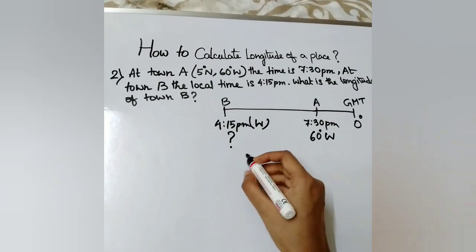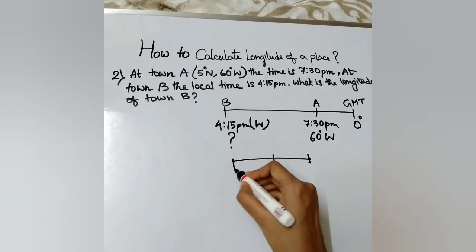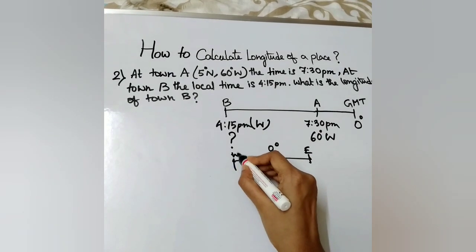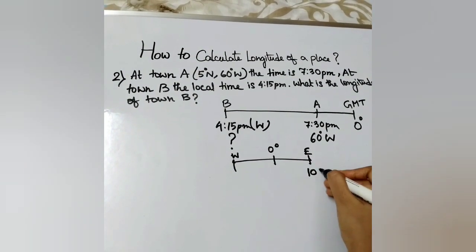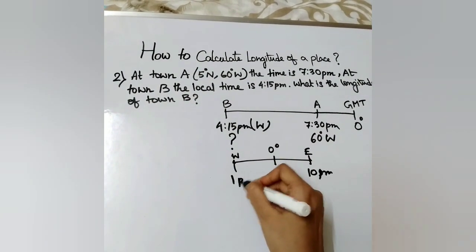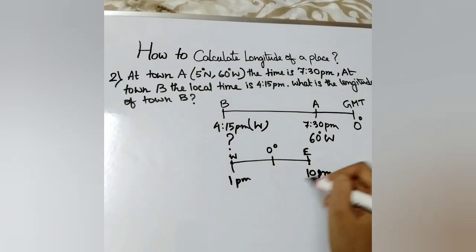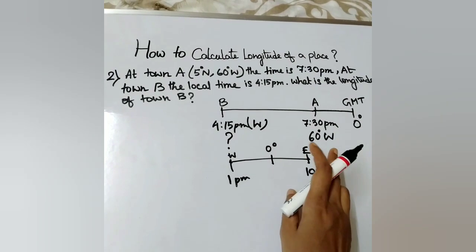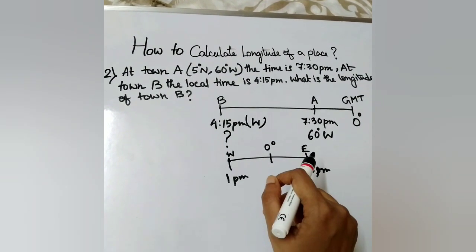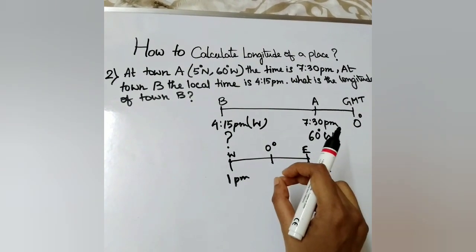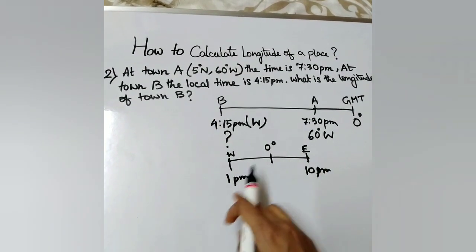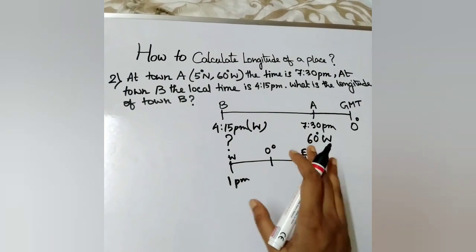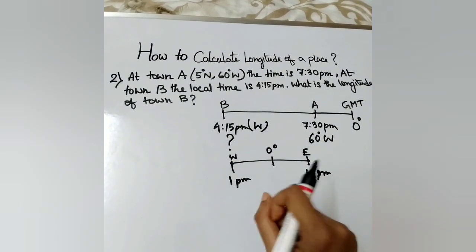Suppose it is west and east, in different hemispheres, if it is 10 p.m. and 1 p.m., suppose the question is giving you like this, and both towns are in different hemispheres, then at the end we will subtract the longitude of both places. Okay, this is the key point you have to remember.